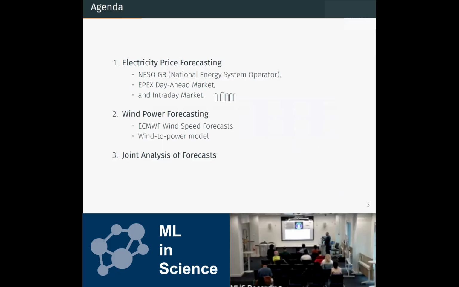As I told you, we have two forecasting models here, and we are using those two different forecasts in order to see what's going on. The first one is electricity price forecasting, where we are using publicly available data.